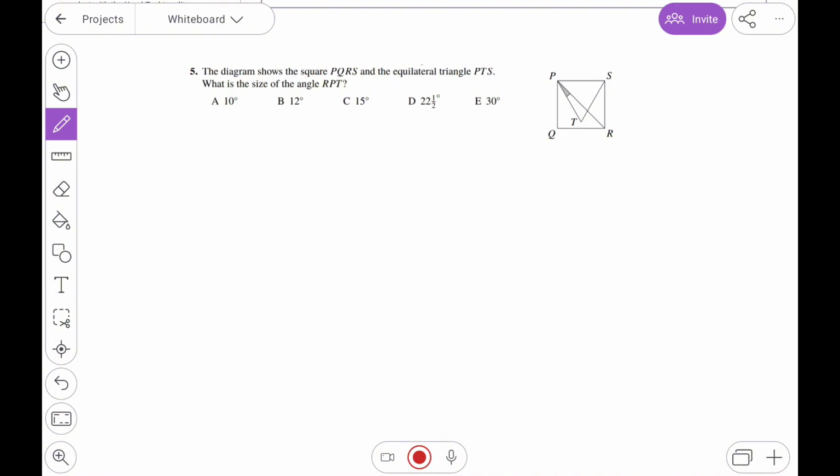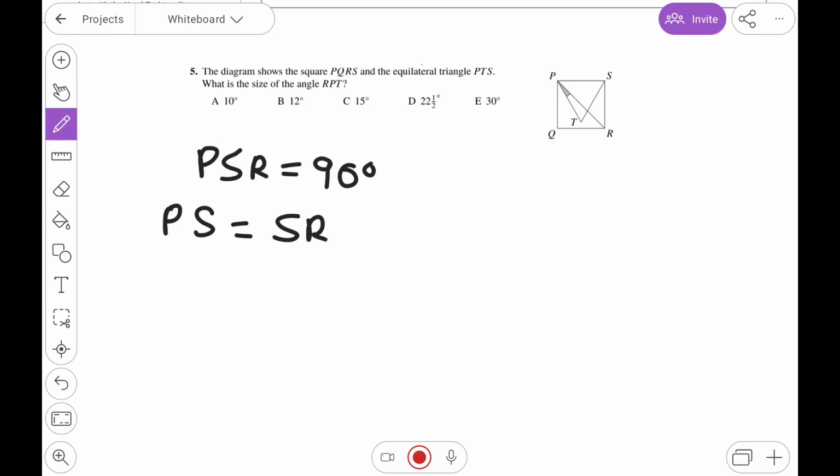Well, we know PQRS is a square, meaning PSR is 90 degrees, because all the angles in a square are 90 degrees. We also know, because it's a square, that the line PS is the same as the line SR, which comes in handy because now we know the triangle PSR is isosceles, which means that two sides are the same and the angle opposite to those two equal sides are the same.